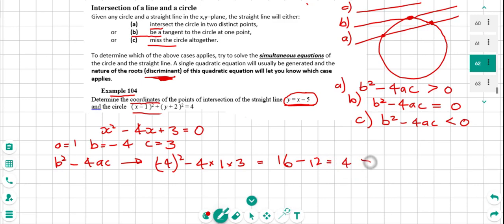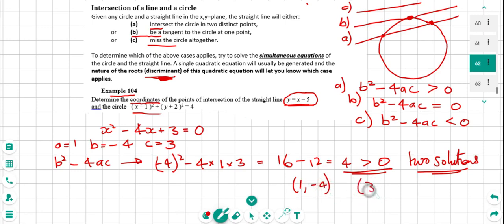And we know that 4 is greater than 0. So that would mean 2 solutions, which is actually what we got, because if we remember, the 2 solutions we got were (1, -4) and (3, -2). So those were our points of intersection. So we had this situation where the line crossed the circle and therefore intersected it at 2 points.